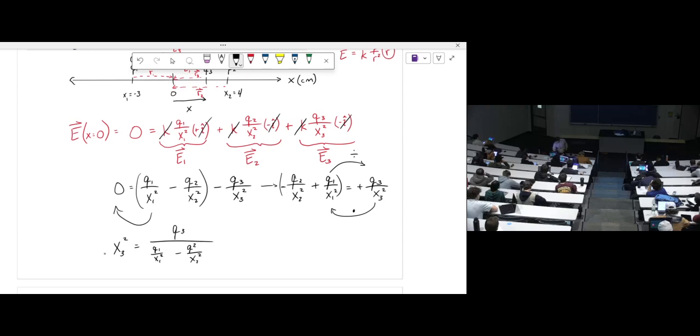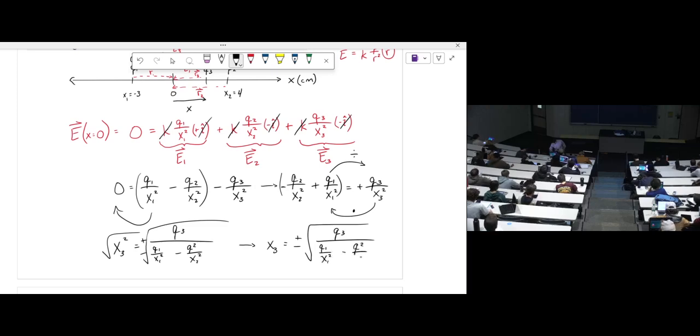And then we need to take the square root of both sides. But remember, taking the square root of both sides means that we get two answers. x3 is going to be equal to plus or minus the square root of q3 divided by q1 over x1 squared minus q2 over x2 squared.